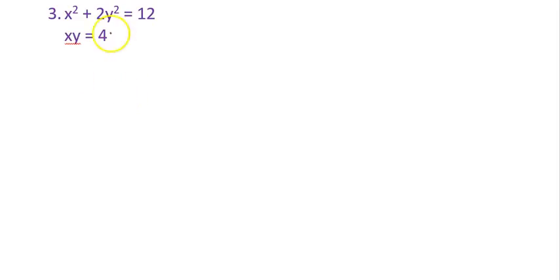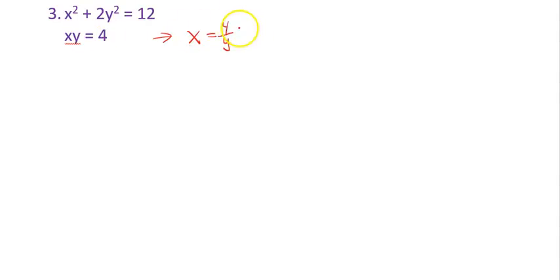Alright, this is a little bit different because I don't have a y or an x by itself. And the easiest one I feel like to work with is the bottom one. So I'm going to solve for x. I'm going to divide by y. So my x is going to be 4 over y. And you can do either one.